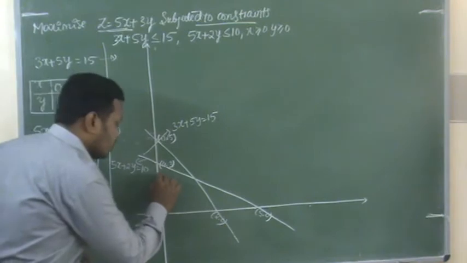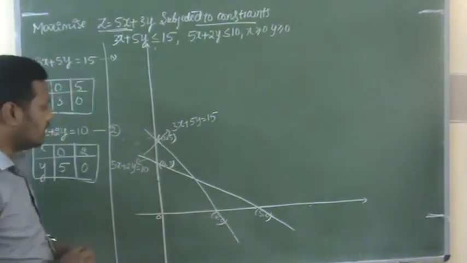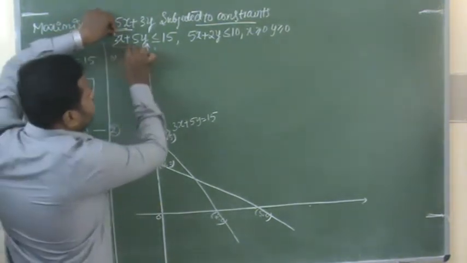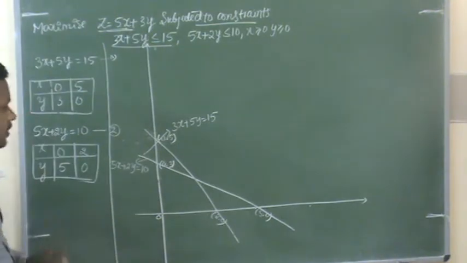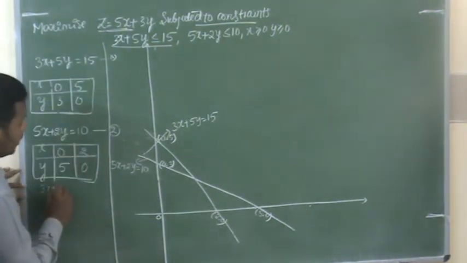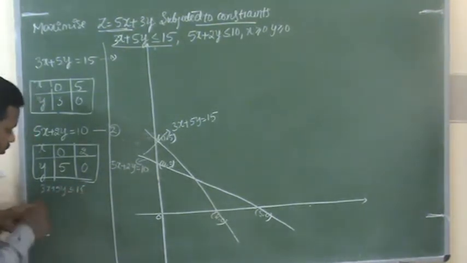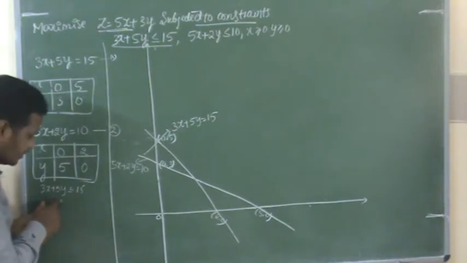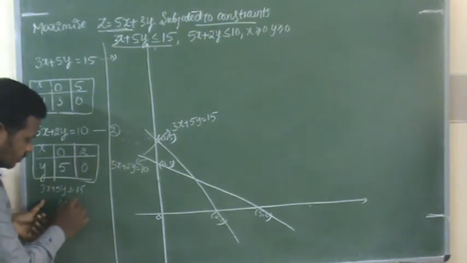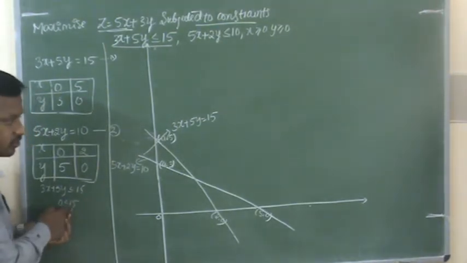Now we have to find the feasible region, the shaded region. For the first inequality, 3x plus 5y less than or equal to 15, put 0 for x and y, we get 0 less than or equal to 15, which is true.